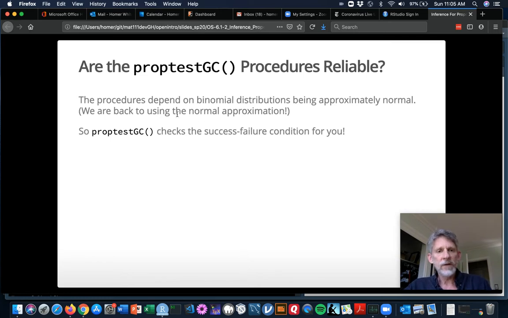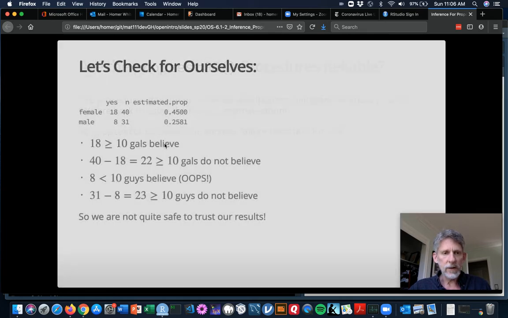And because we're back to the normal approximation, we have to think about that success-failure condition in the textbook for a binomial random variable to look approximately normal. proptestGC checks that success-failure condition for you, and if the condition is not met, it issues the warning that we just saw. So if you see that warning, you really need to take a close look at your tally again and make sure you know what's going on.